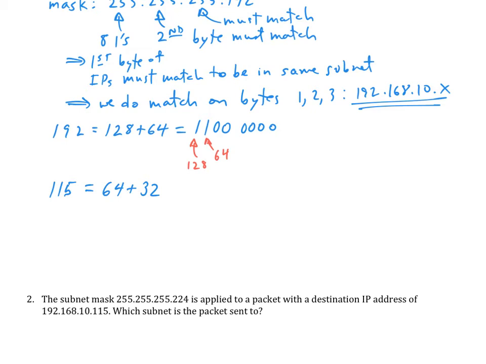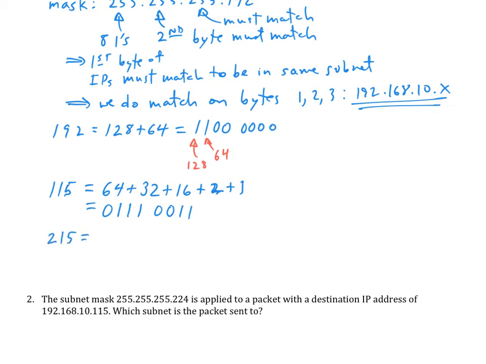And we've got 19 more to go, which is a 16 plus a 2 plus 1. That means that 115 in binary is 0 in the 128's place, 1 in the 64's, 1 in the 32's, 1 in the 16's, 0 in the 8's, 0 in the 4's, 1 in the 2's, 1 in the 1's.